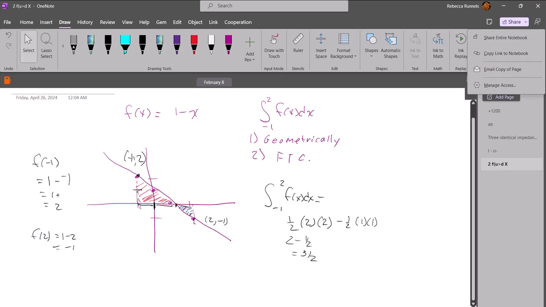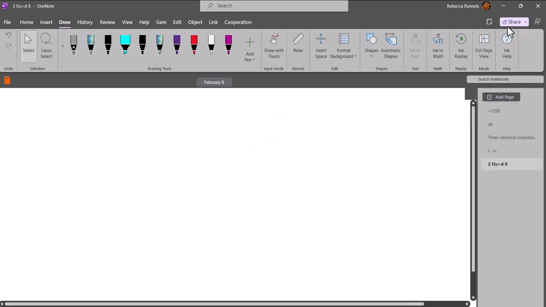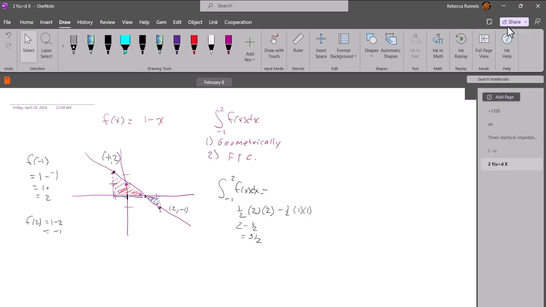Now, check the same thing using the fundamental theorem of calculus. It tells us that that definite integral will equal any antiderivative evaluated at the endpoints. So we have the integral from -1 to 2 of 1 minus x dx.